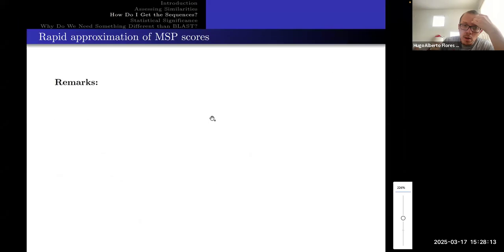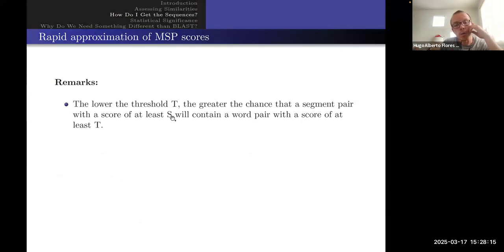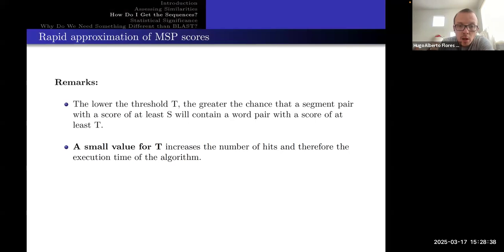Some remarks here: if you start decreasing the threshold T, for sure you're getting more segment pairs, and it's more likely that you're getting a higher score when you compare. What happens if you reduce this value of T?